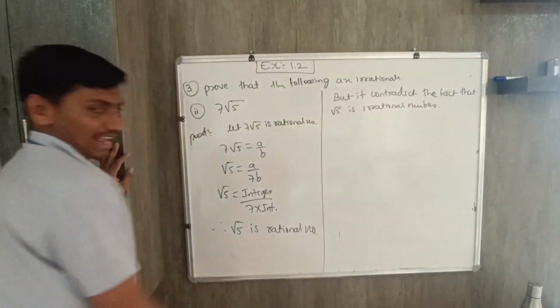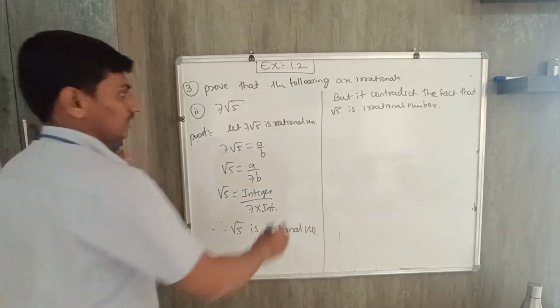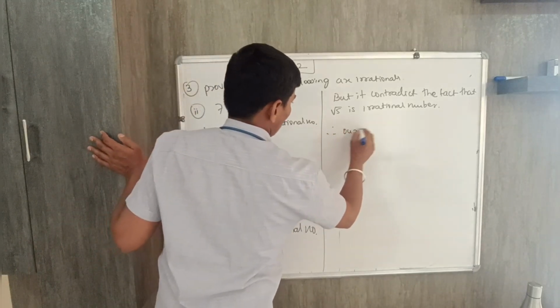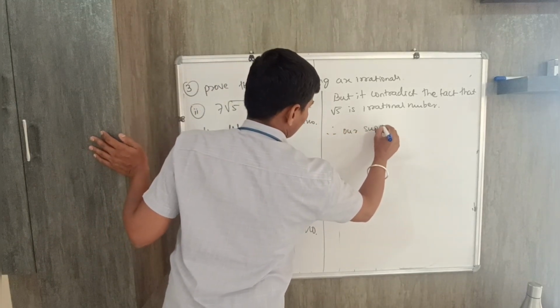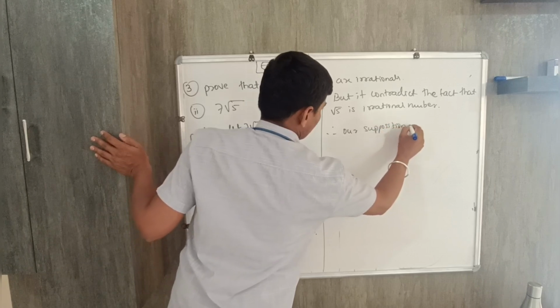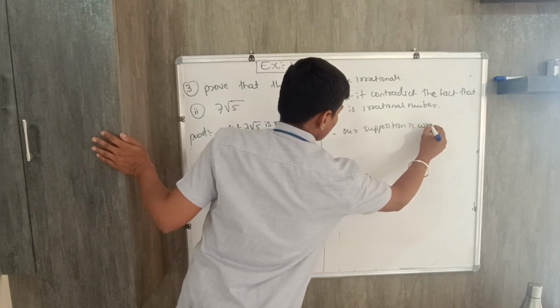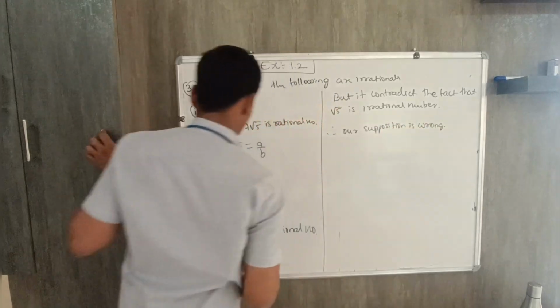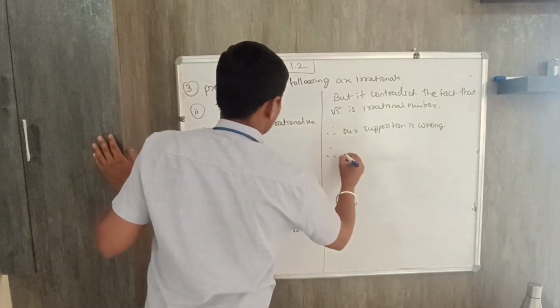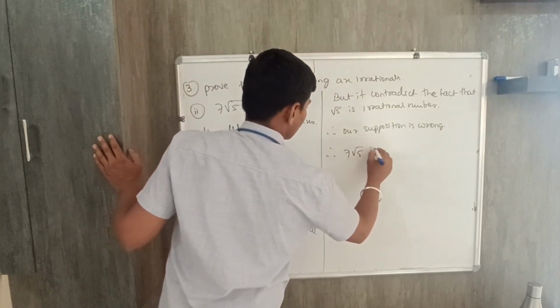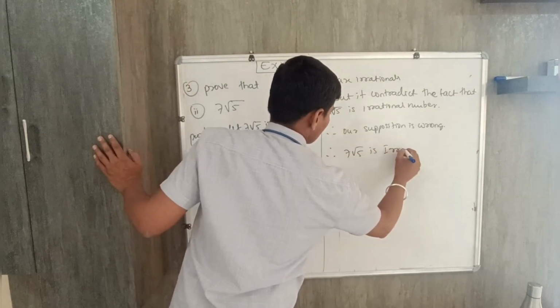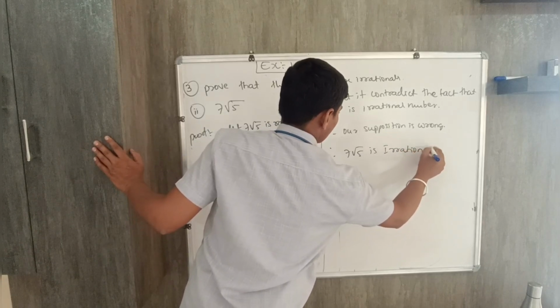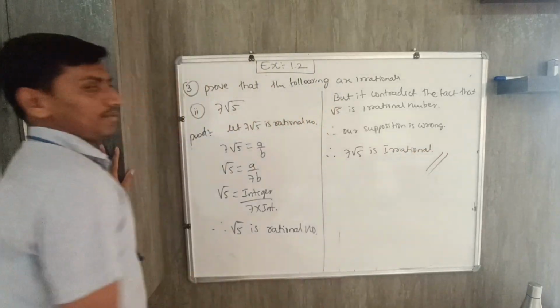Root 5 is an irrational number. So therefore, our supposition is wrong. So therefore, 7 root 5 is irrational. So this is your answer. Okay.